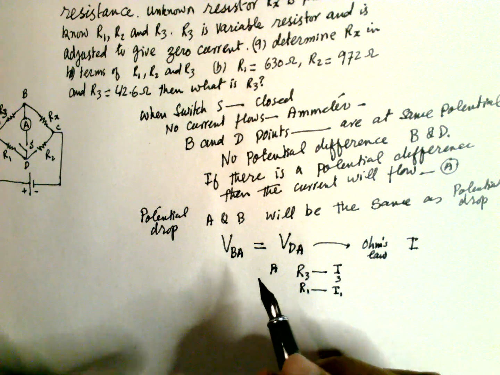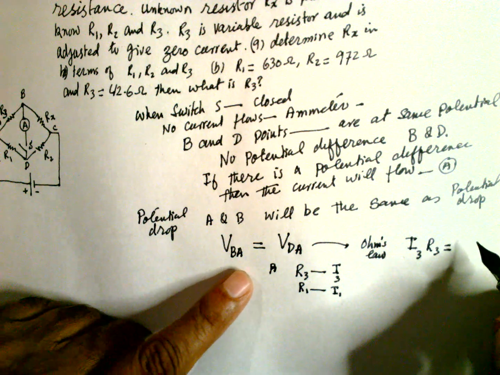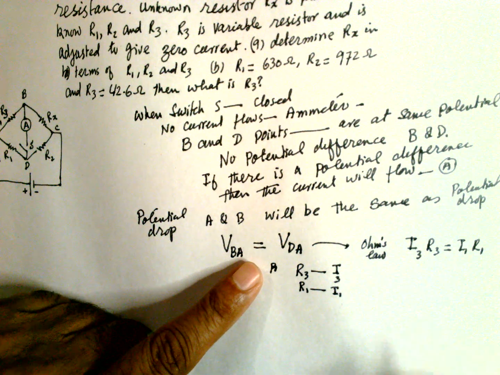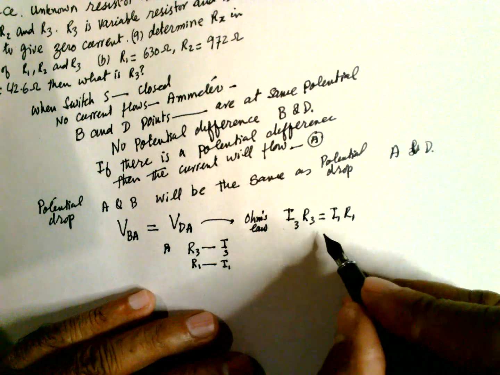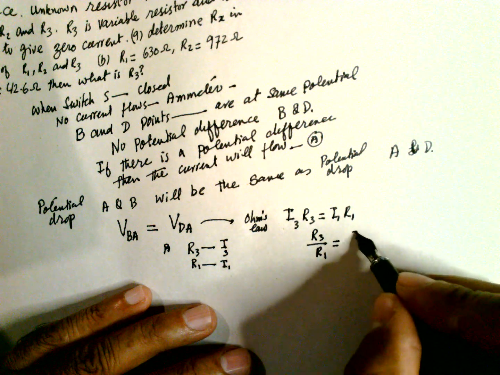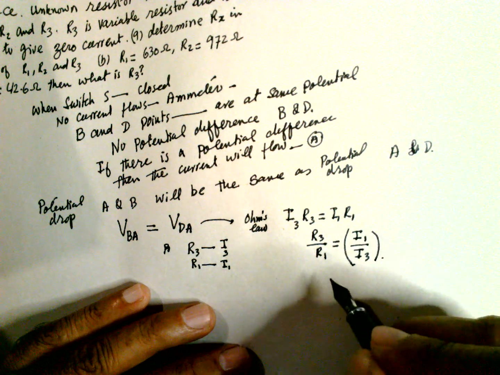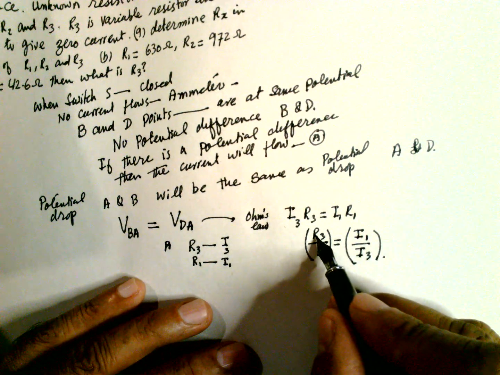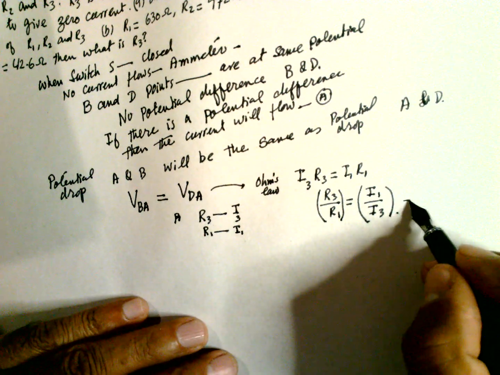So I3 R3 is equal to I1 R1. From here, we can conclude the value of R3 over R1 is proportional to I1 over I3. The currents are inversely proportional to the resistances. Okay. So this is equation number 1.